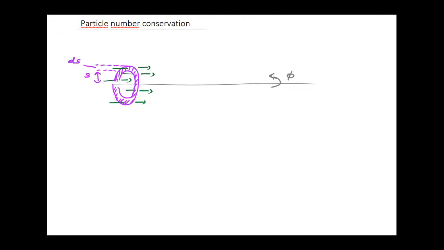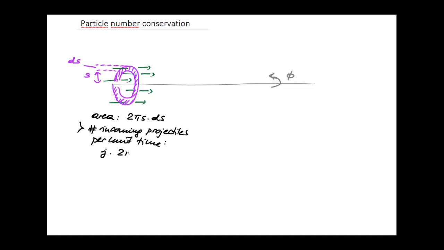The ring has an area equal to 2 pi s times ds. The number of incoming projectiles passing through this ring per unit time is equal to the incoming current density times that area, so times 2 pi s ds.